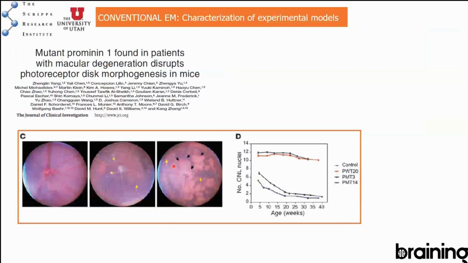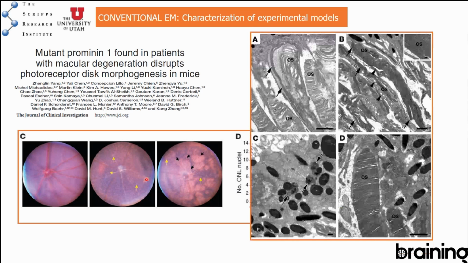And this is another example of another mutant for retinal disease. This is just to compare what we saw in the fundus of the eye with the findings at the EM level. And we saw also some lipofuscin accumulations and some defects in the photoreceptor cells. As I told you earlier, this is a good correlation model.